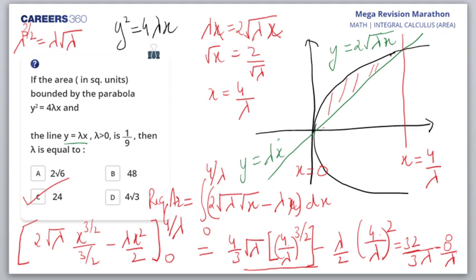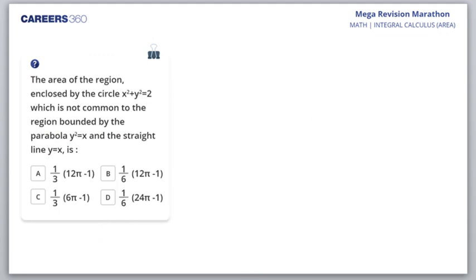Now, let us move on to the next question. Let's have the challenge again. The area of the region enclosed by the circle x square plus y square is equal to 2, which is not common.